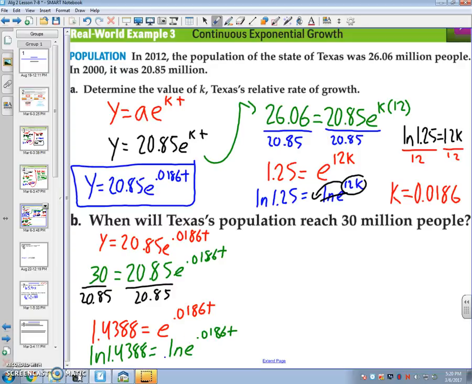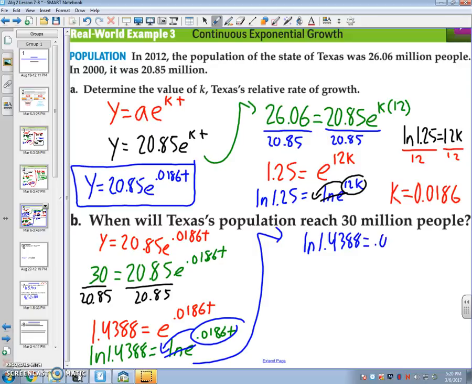Remember, ln of e cancels. This goes down, so I'll be over here. So I'm at ln of 1.4388 equals 0.0186t. Solving for t means I divide by 0.0186.